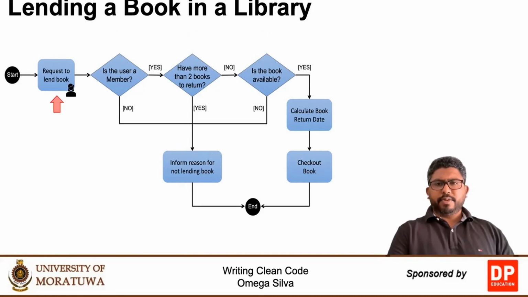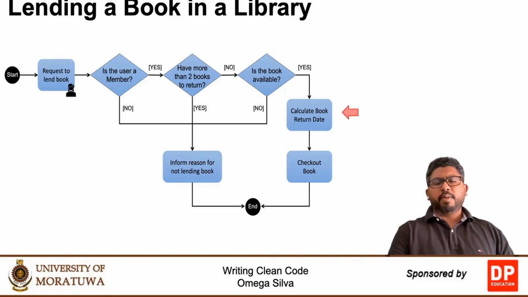The scenario starts with a user of this online library management system requesting to lend a book. Once the request is made, the system checks whether the user is an actual member, and if so, whether the member has already lent 2 books, and if not, whether the requested book is available.